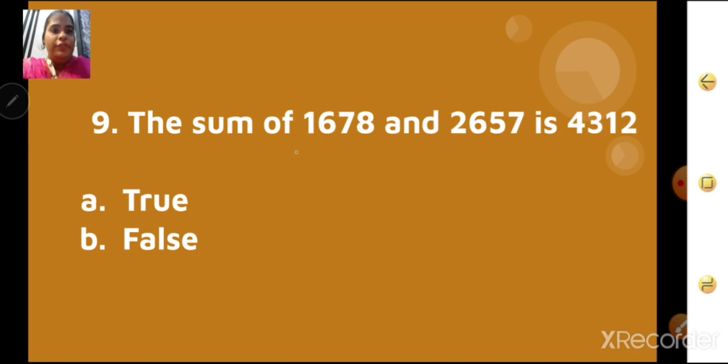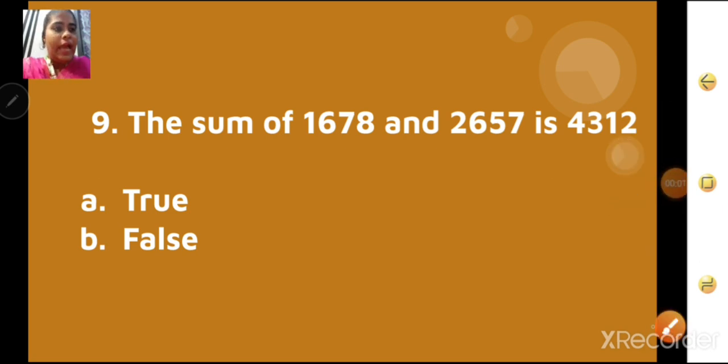The sum of 1678 and 2657 is 4312. Now children, for this we have to add because they have told the sum. So you will first add and verify whether the given answer is correct or not.